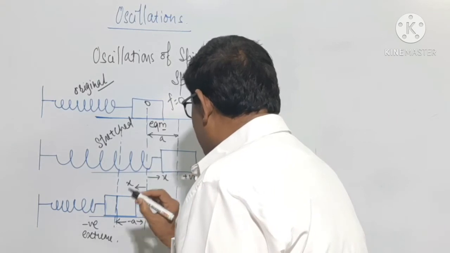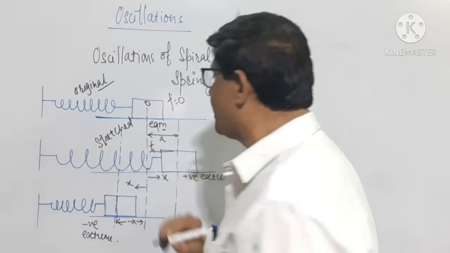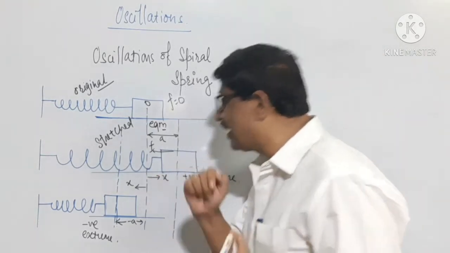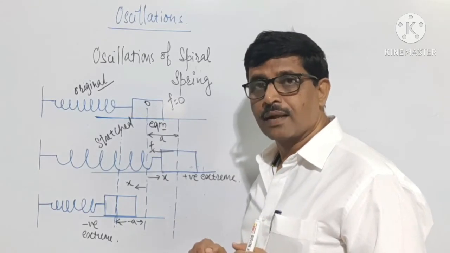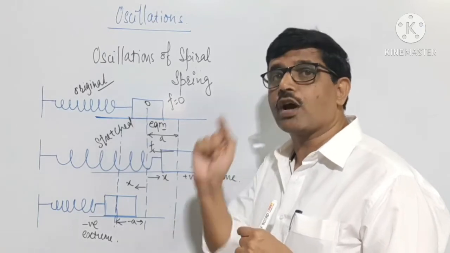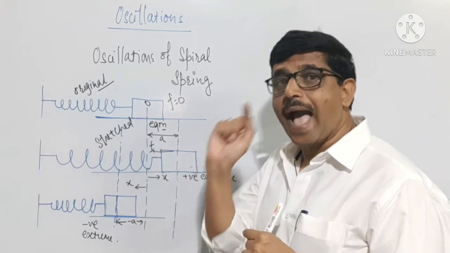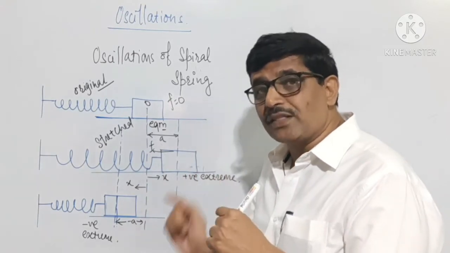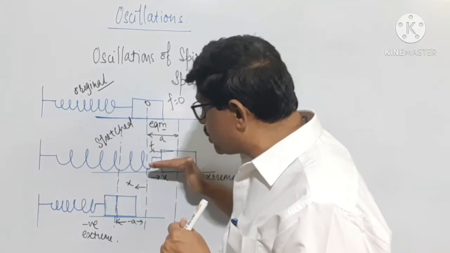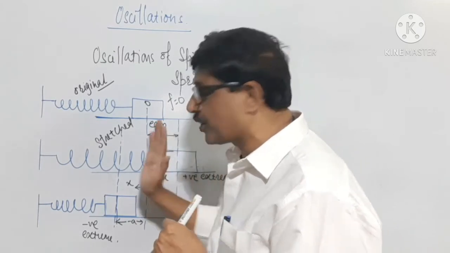That internal restoring force is towards equilibrium, and the force has a tendency to bring the block back to its original position. This restoring force has a tendency to bring the spiral spring to its original length. Therefore, the direction of this restoring force is towards equilibrium, that is, towards the left.